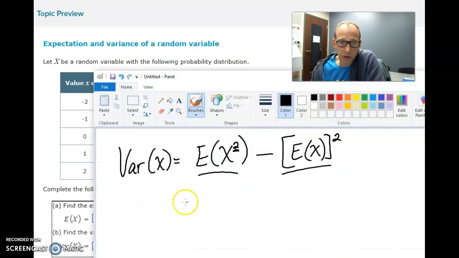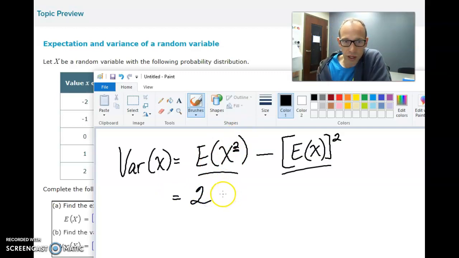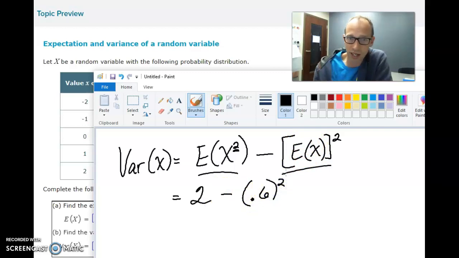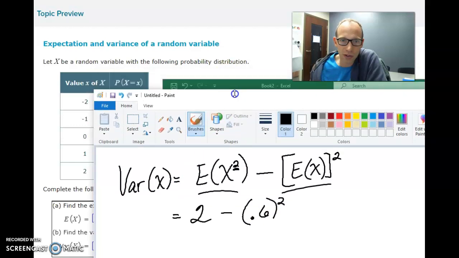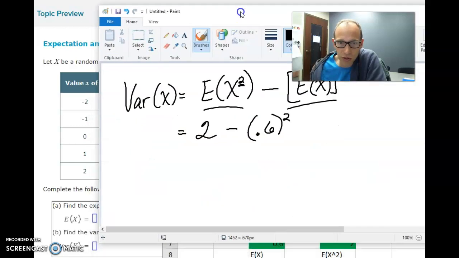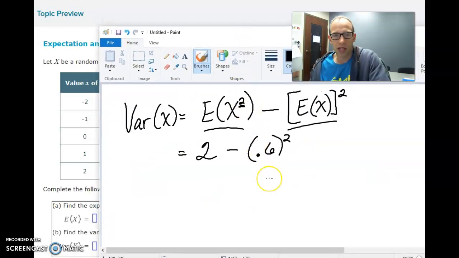If we go back to that formula, the variance is the expected x squared value. So in my case, that would be my 2 minus the average x, squared. So that's 0.6 squared. I'm just going to double check, make sure I got those numbers memorized right. 2 and 0.6. Yep. Okay.